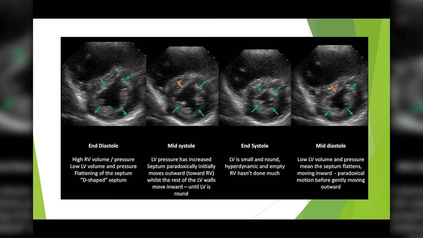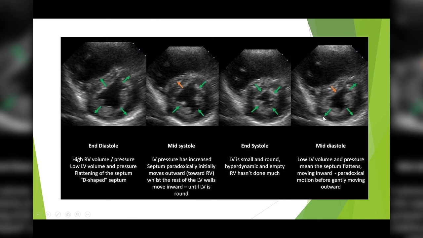This picture demonstrates the physiology in pulmonary embolism with both pressure and volume overload. D-shaped septum is seen in end diastole, impairs left ventricular filling. In mid-systole, the septum moves outwards towards right ventricle and doesn't move together with the rest of the LV walls.